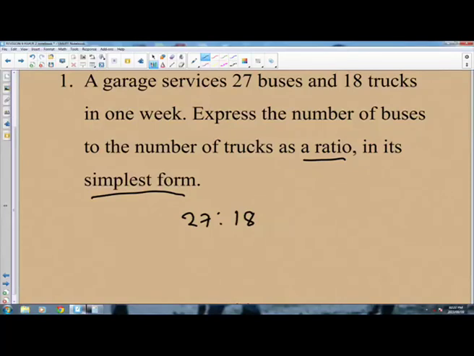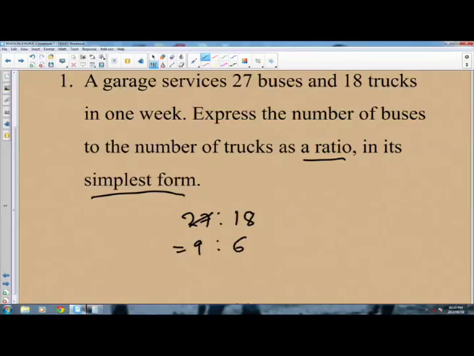But even though this is a ratio, it is not simplified. You therefore need to go on and simplify this. So how do you simplify the ratio 27 to 18? You look for the highest common factor which can go into 27 and 18. 3 into 27 is 9, and then 3 into 18 is 6. So we have 9 is to 6.